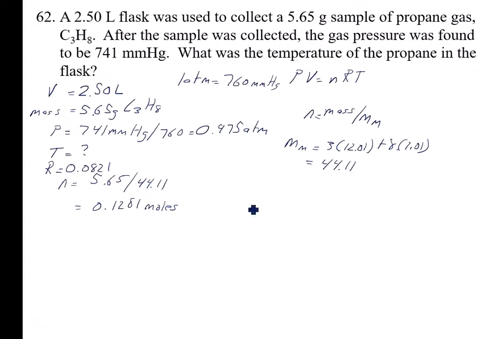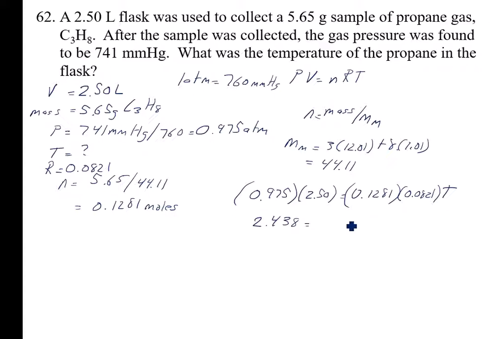So now I'm going to start substituting my numbers in. My pressure was 0.975. My volume is 2.5. My N is 0.1281. My R is 0.0821. And my temperature is what I don't know. I multiply the first two numbers together, and I get 2.438.